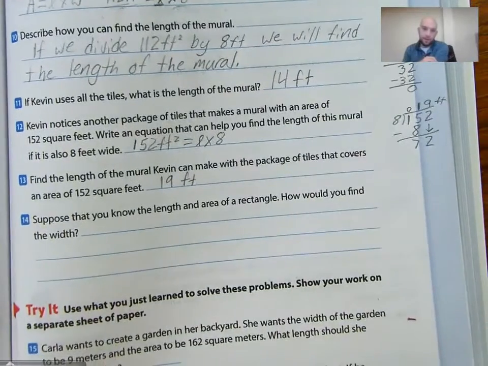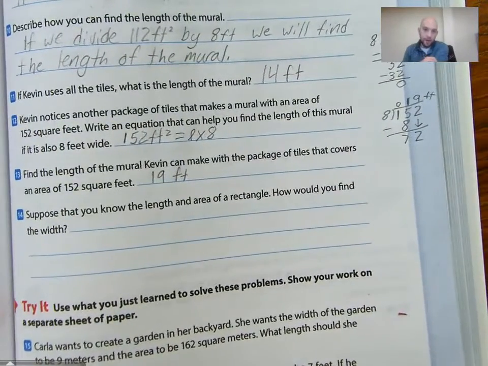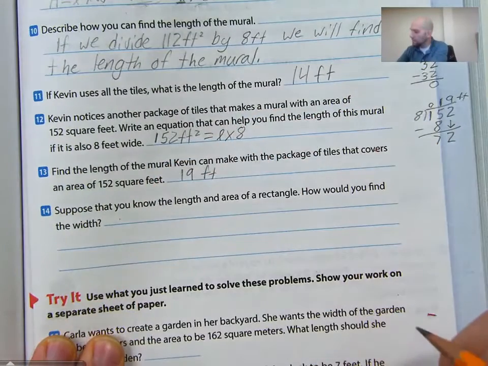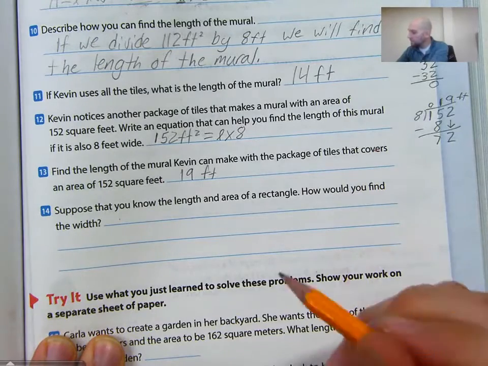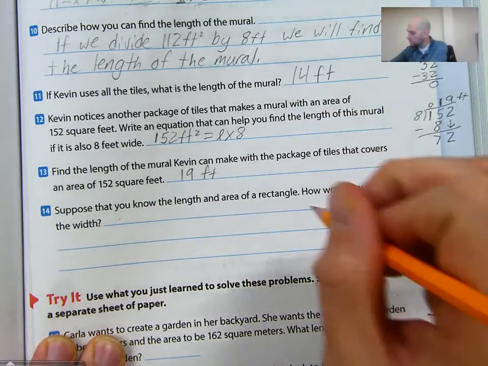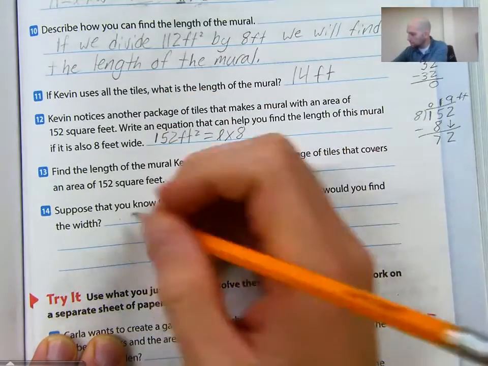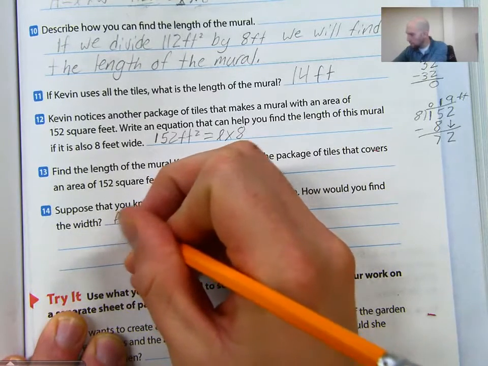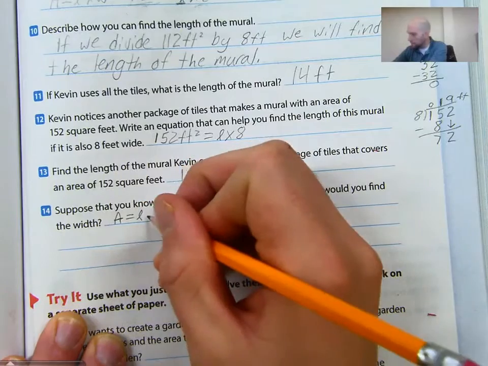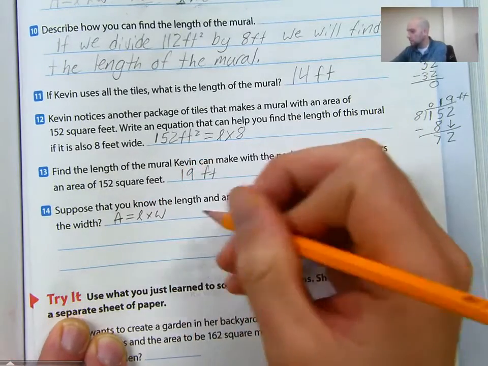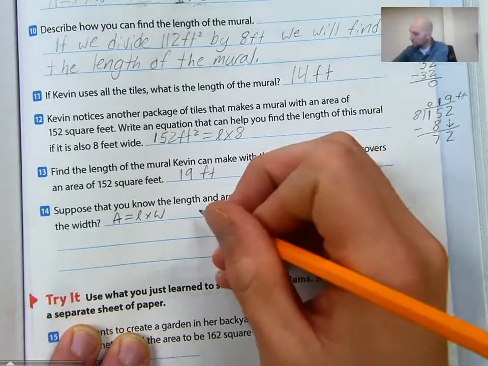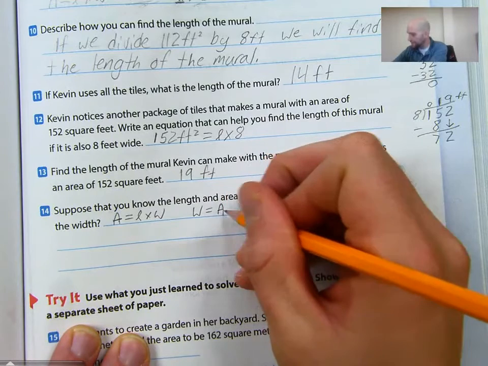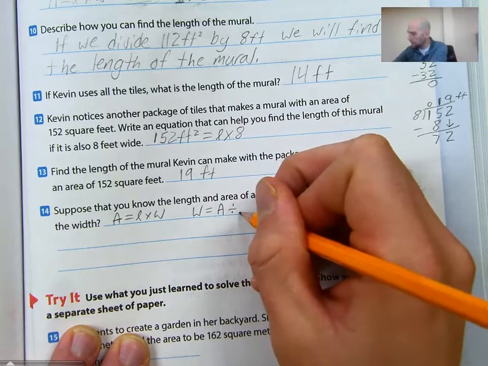Suppose you know the length and the area of a rectangle. How would you find the width? Well, if we wanted to find the width of a rectangle, we would do area equals length times width. So width equals area divided by length.